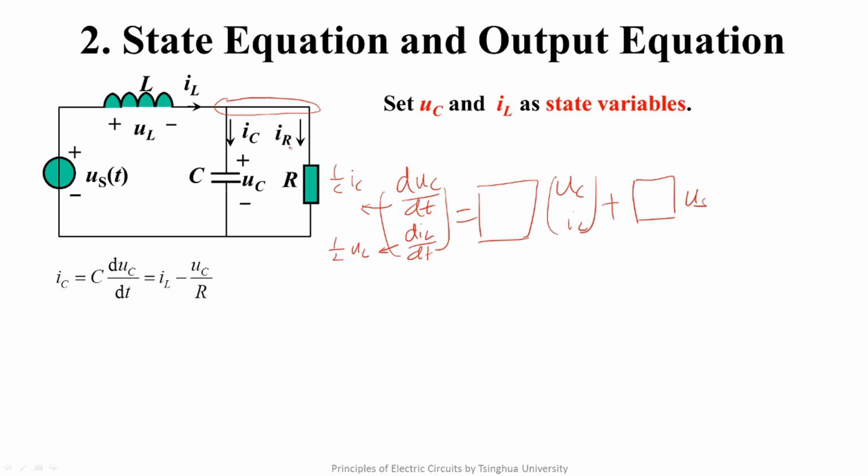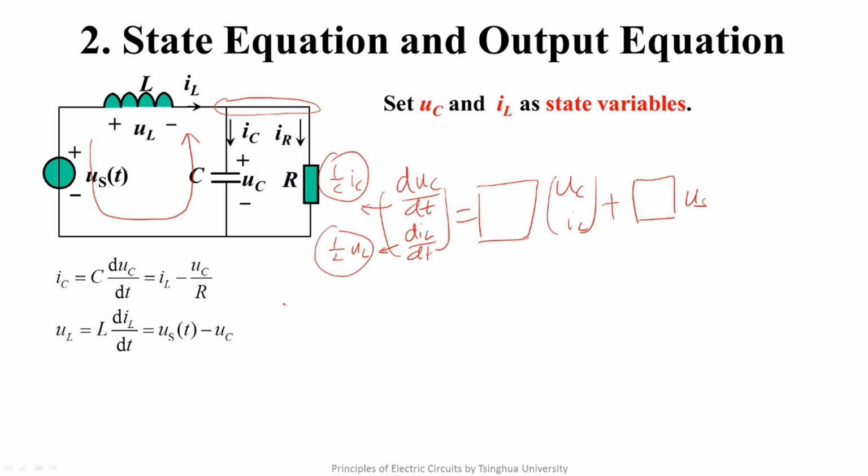We conveniently use UC over R to represent IR, and then IC is expressed by the linear combination of UC and IL. Similarly, if we want to express UL, we must use KVL in the loop. So that is UL equals US minus UC. In the two equations, IC and UL are expressed by the linear combination of UC, IL, and the external excitation.